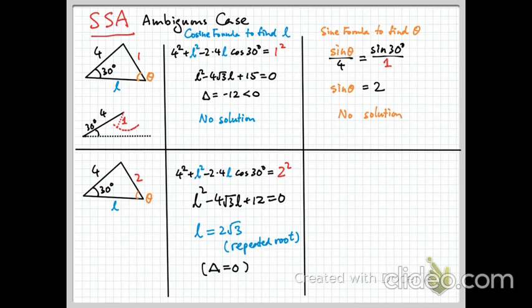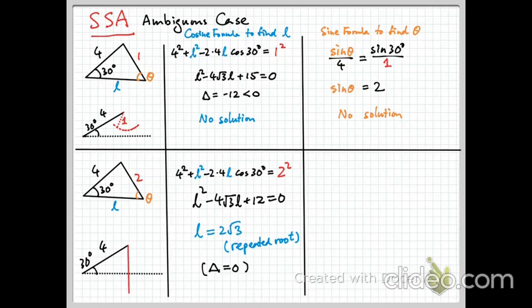Once again, the bottom line, I don't know how long it is, but this line is making 30 degrees and 4 units. It turns out that the length of 2 is exactly this one.